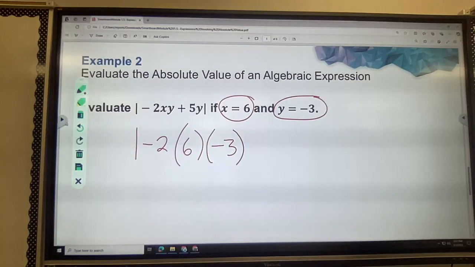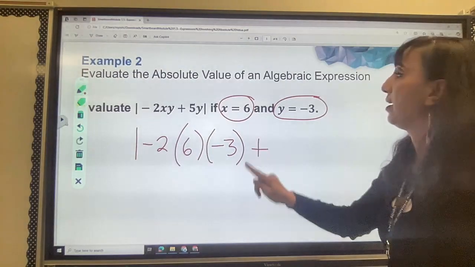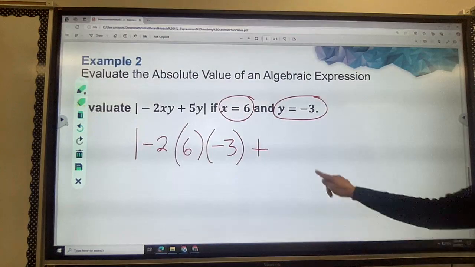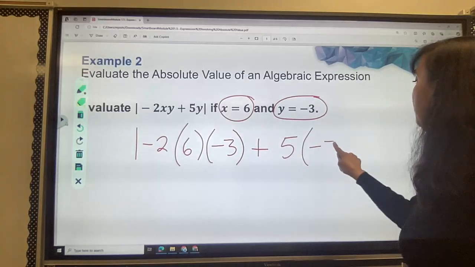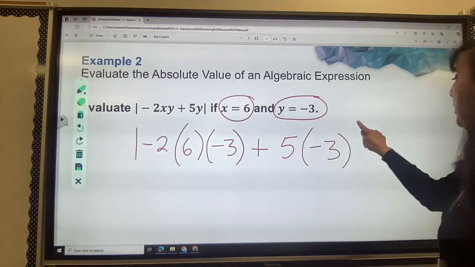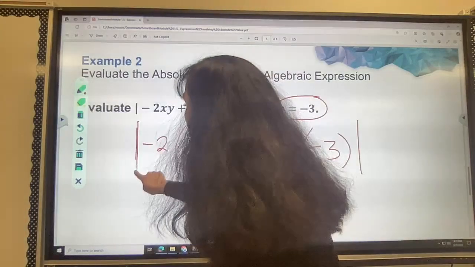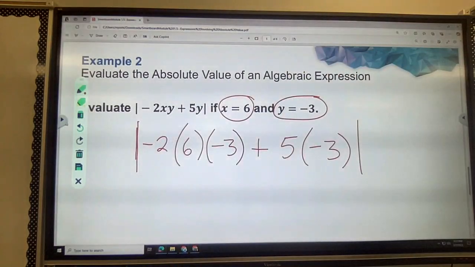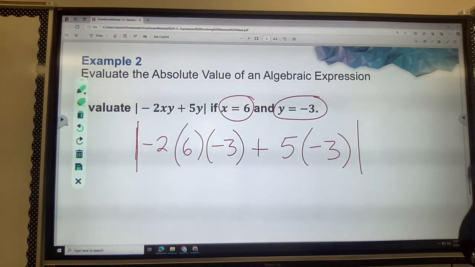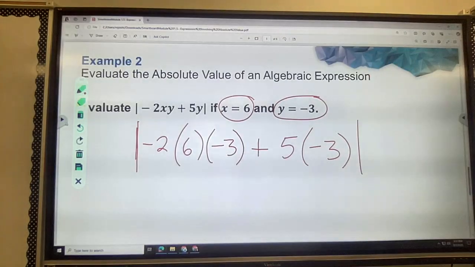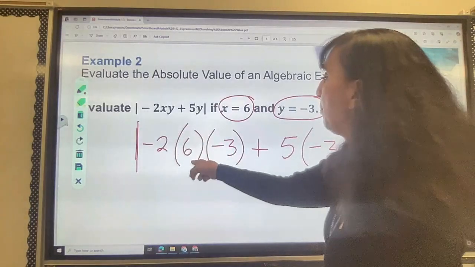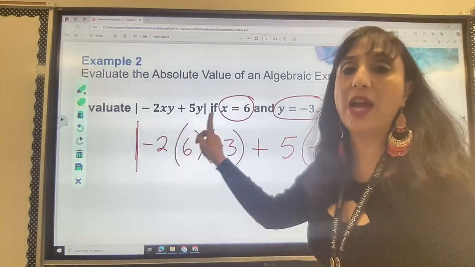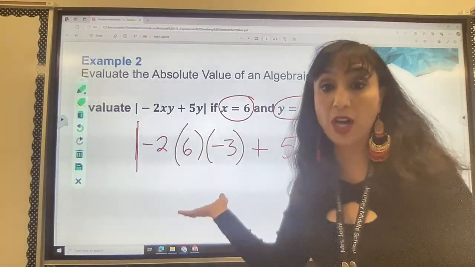And then I have plus 5 times, what is y? Negative 3. Okay, and here's the absolute value of this whole thing. So now when I look at this, I am going to get 2 times 6 is 12 and 12 times 3. So negative times positive gives me negative, and then negative times negative is going to give me positive.